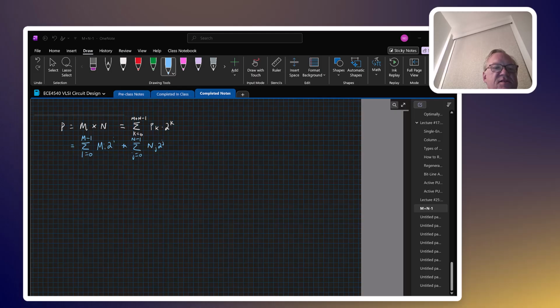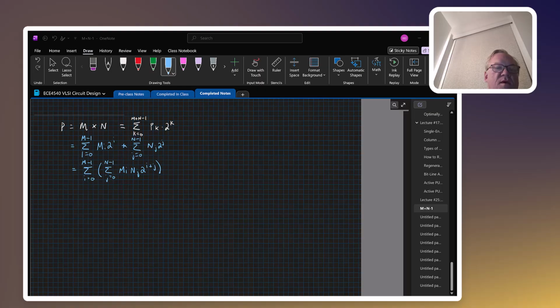So we can break this down and say that this is equal to the product of two different multiplications, the sum from i equals 0 to m minus 1 of m sub i times 2 to the i, times the sum from j equals 0 to n minus 1 of n sub j times 2 to the j. And then we can simplify this as a nested sum where we're forming partial products, and then in the outer loop, we're summing them.